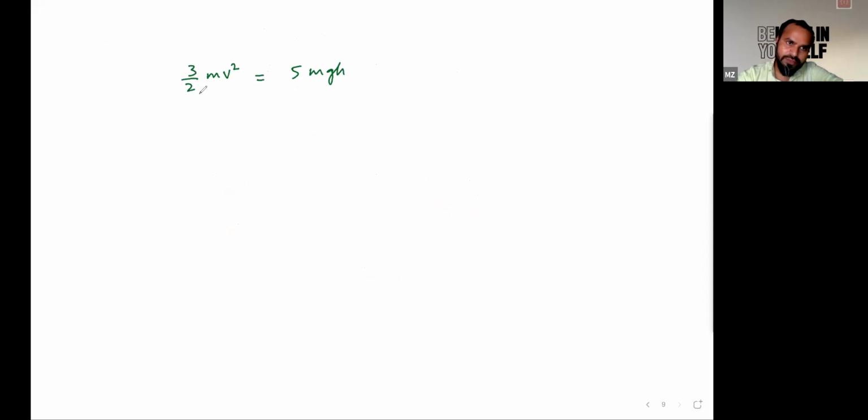But here we have coefficient 3/2 and here we have coefficient 5. But the actual formula of kinetic energy is just half mv square, and the actual formula of potential energy is nothing but mgh. But here it is given 3/2 and here it is given just 5. So on the basis of dimension, we can't define the coefficient of this particular expression.